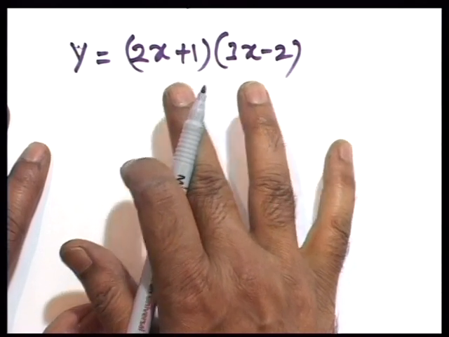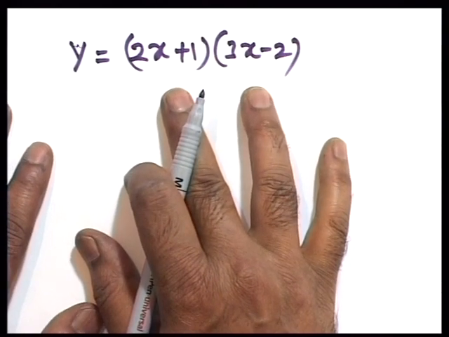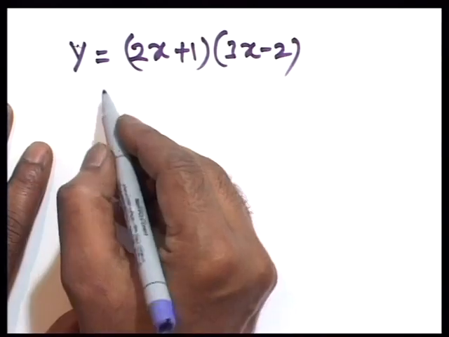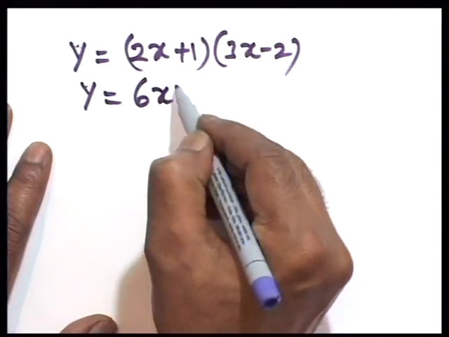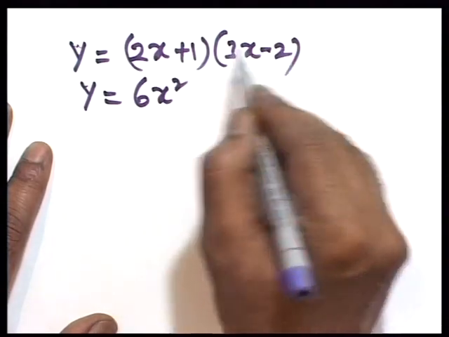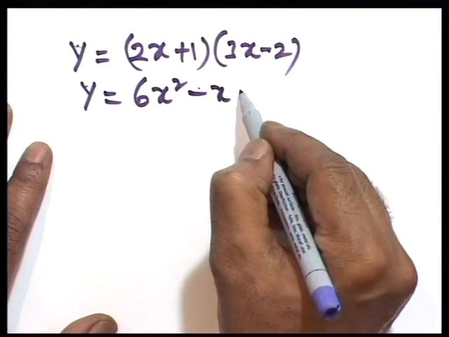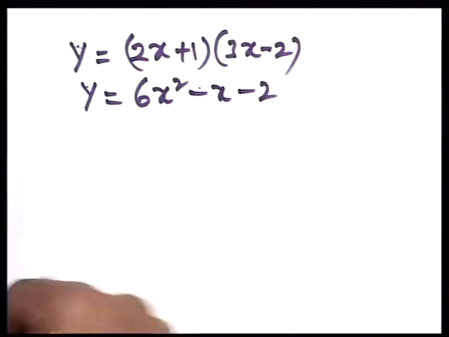Using C1, C2 style, if you need to differentiate this, what will you do? We first open the bracket. So 2 times 3, 6x squared, minus 4x plus 3x, which is minus x, and minus 2. That's what I get after the expansion.